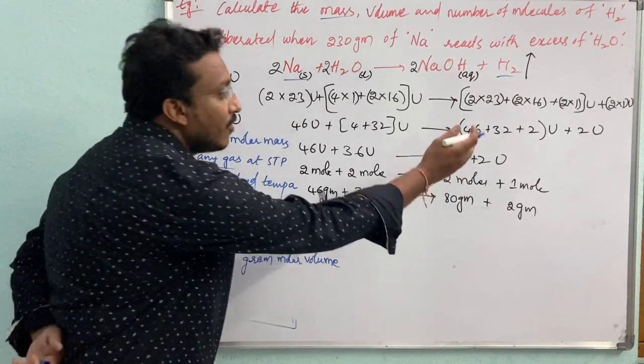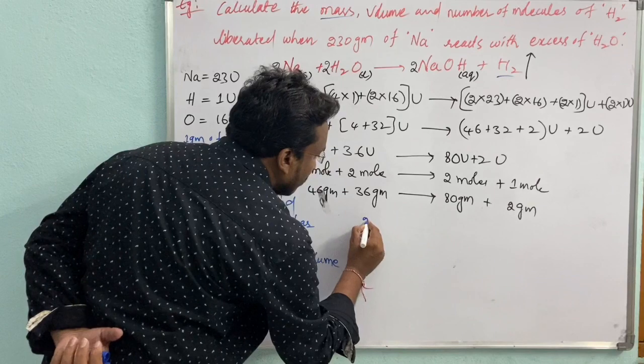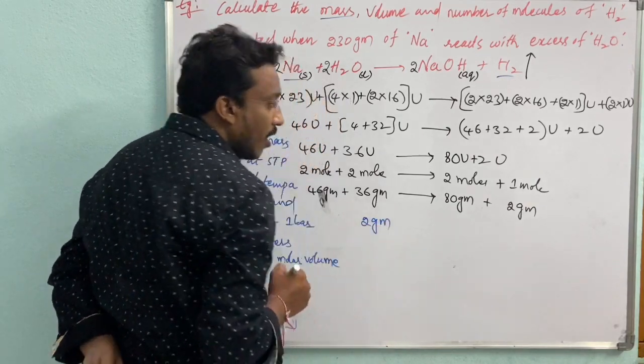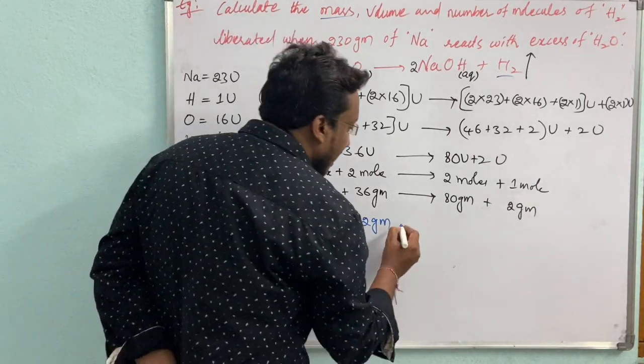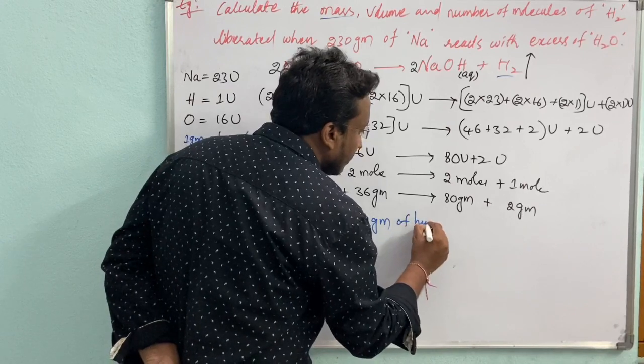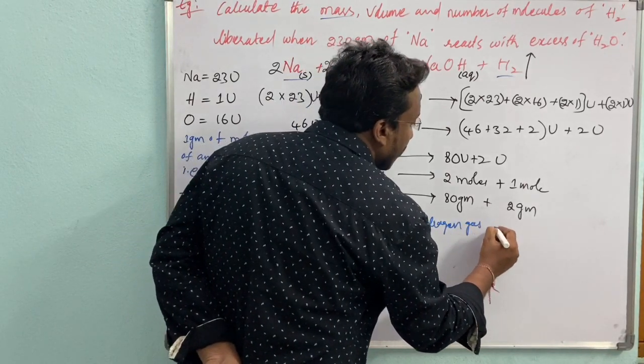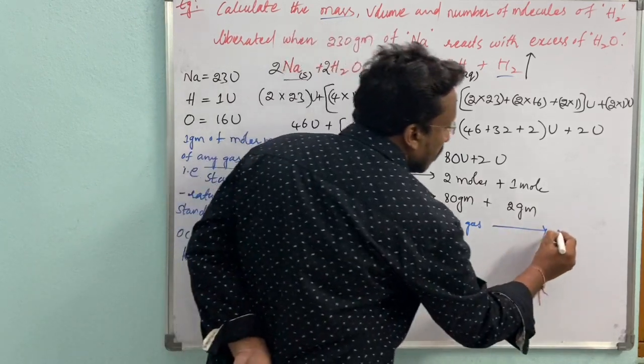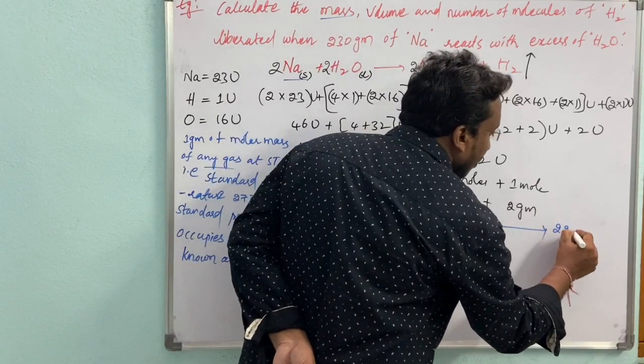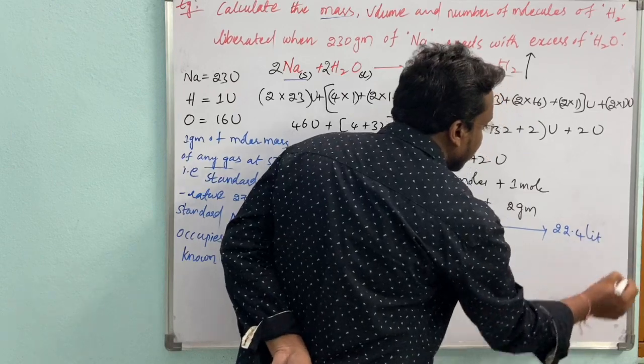That means from here we came to know that 2 grams of hydrogen gas occupies 22.4 liters.